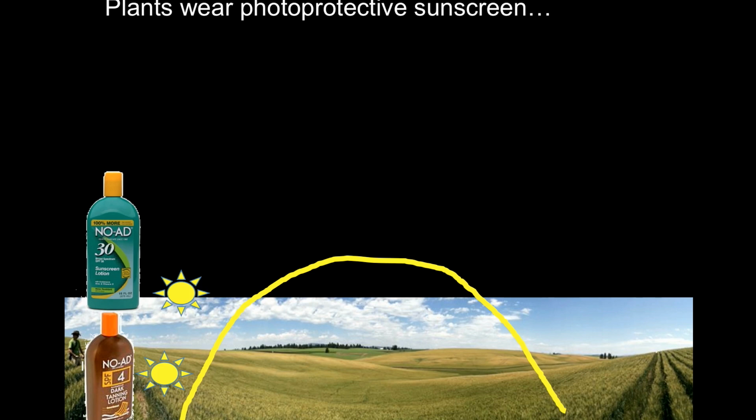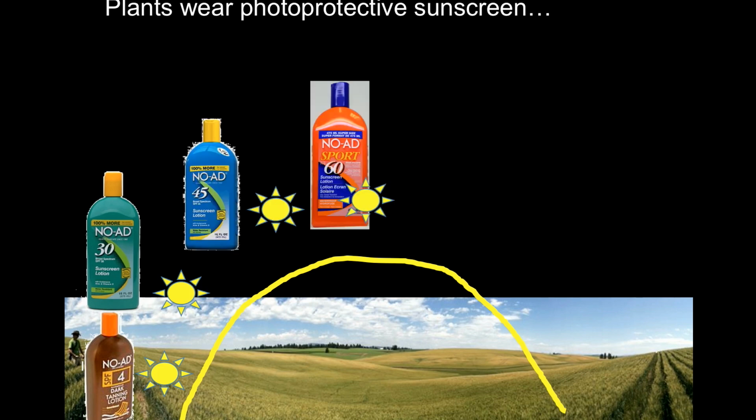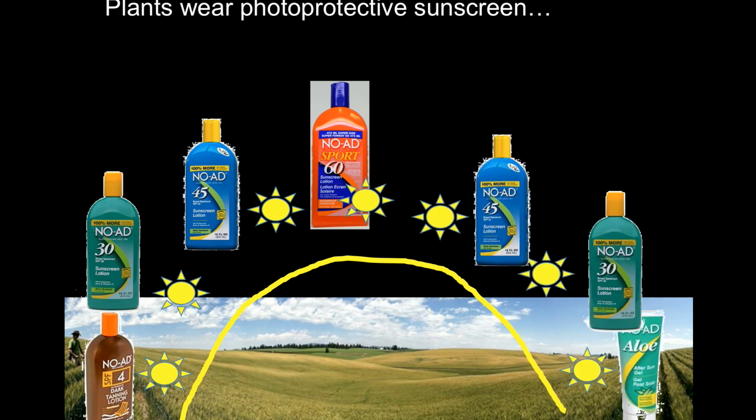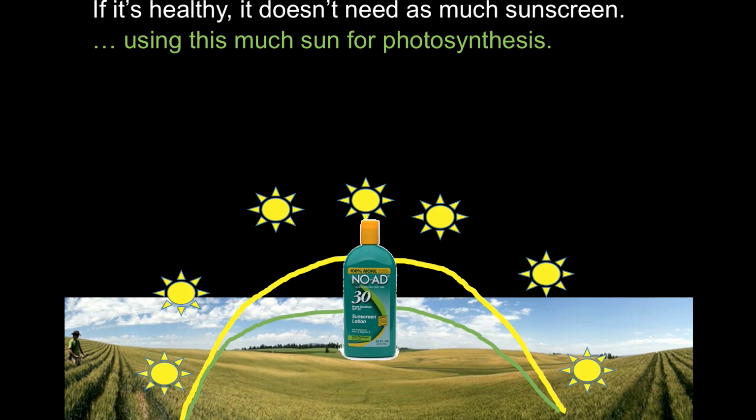But as we progress throughout the day, we step up that amount of sunscreen from 30 to 45 to 60 at peak sunlight, and then back down again, maybe applying some aloe at the end, though I haven't quite figured out exactly what that plant physiological function is yet. If a plant's healthy, it doesn't need as much sunscreen, and it'll use about this much sun for photosynthesis, as represented in the green line, perhaps maybe only having to apply SPF 30 at midday.